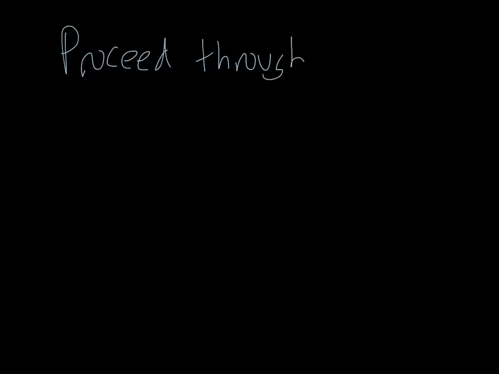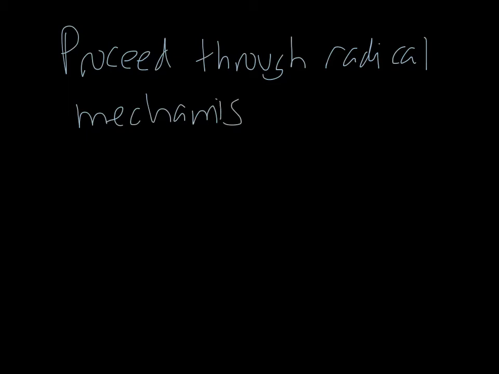So we're not going to do the whole mechanism for the NBS because it's a little bit more complicated, but it does proceed through a radical mechanism. And there are alkyl radical intermediates.